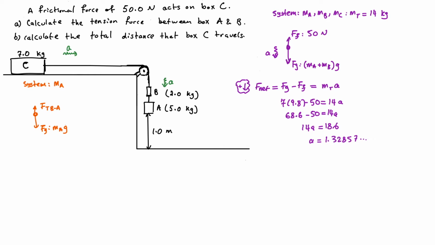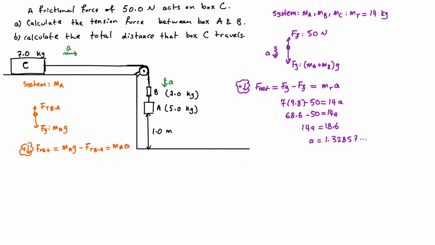So I can write my net force. I'm going to take down to be positive here. That's mAg, or the gravitational force, minus the tension force. And that's going to be equal to the mass of A times its acceleration.